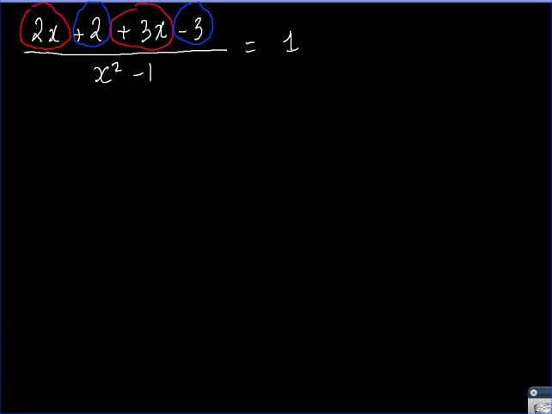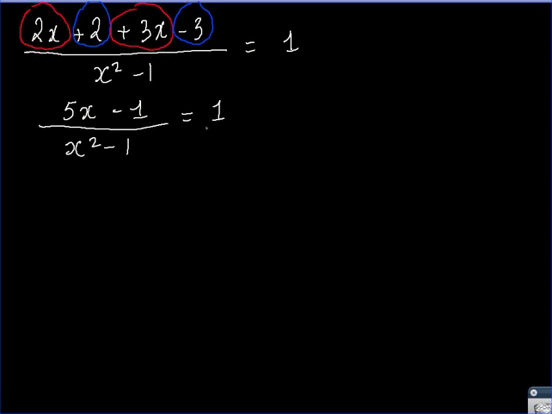So now I'm going to end up with 2x plus 3x, which is 5x, and 2 minus 3 is equal to minus 1, and the denominator stays the same, and that's still equal to 1. Okay, so the first part of simplifying the algebraic fraction is done.